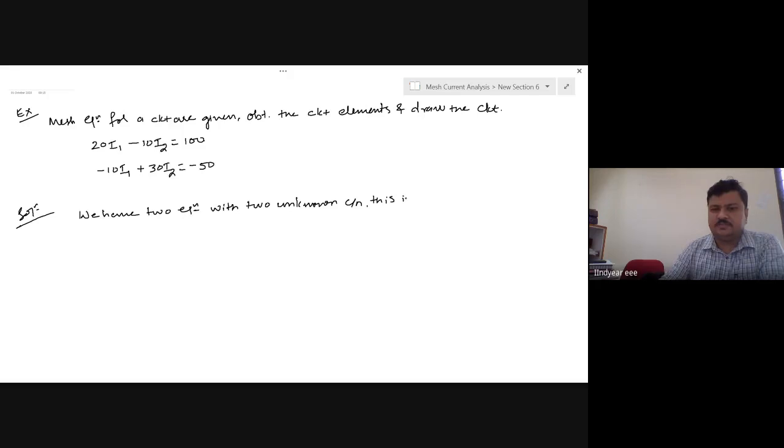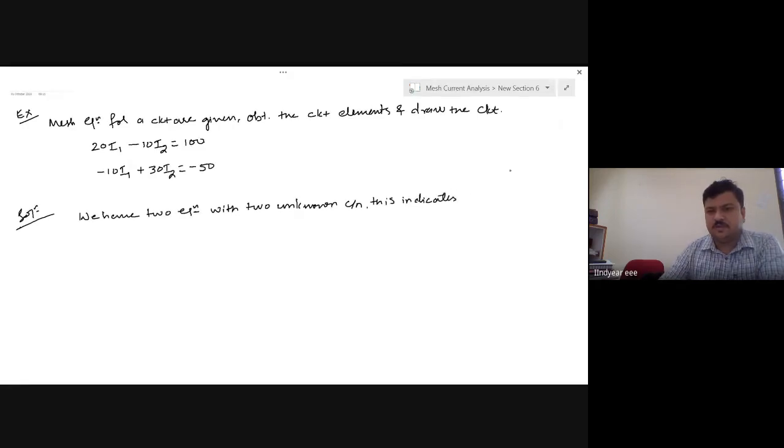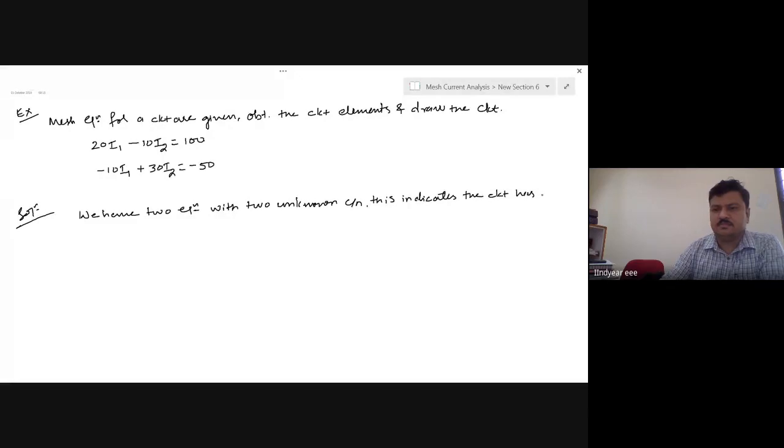This indicates the circuit has two meshes. The circuit has two meshes. Okay. Now, what I will do is I will write the general equation for a two mesh current circuit. Okay.